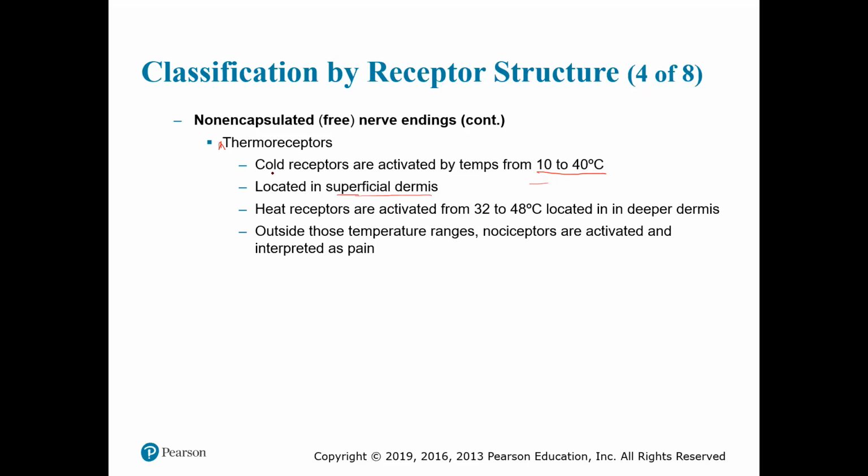So cold receptors, 10 to 40, and body temperature is like 37. And heat receptors, 32 to 48, deeper in the dermis. Sometimes the temperature is perceived as pain because they're both free nerve endings, non-encapsulated, and they're very close to each other in places like the skin.